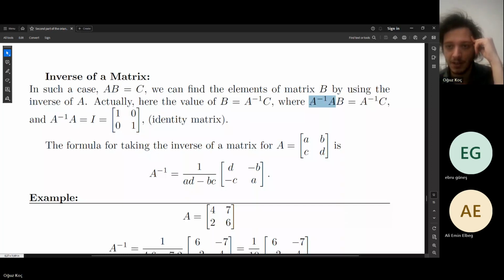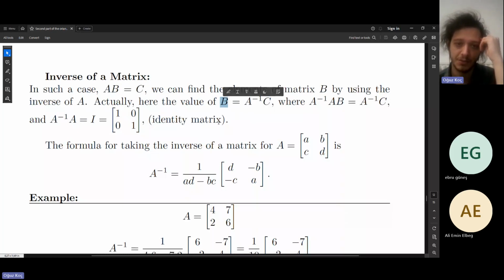We get an identity matrix here, and we get rid of the A, and then just simply say that B is equal to the inverse of A times C. Okay. By calculating this multiplication, we can calculate the B here.